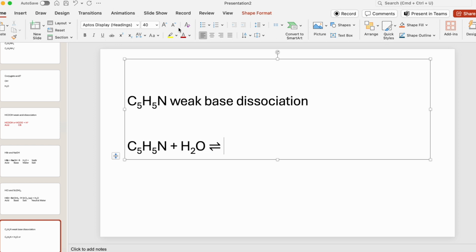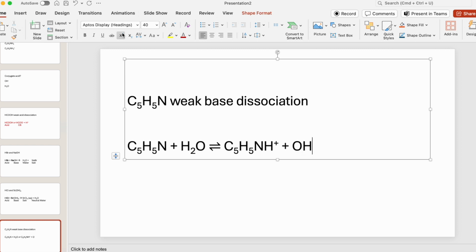And what happens with a weak base is some of it's going to snag this proton off of water. So you're going to get a conjugate acid. Your conjugate acid is going to look like this. Add an H. And when you add an H, you get a positive charge.